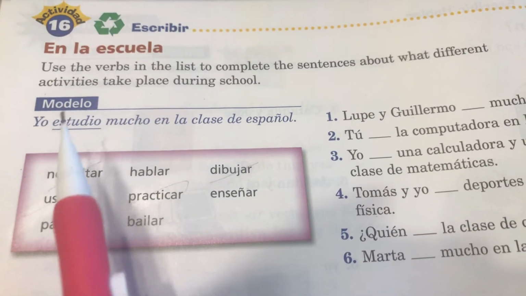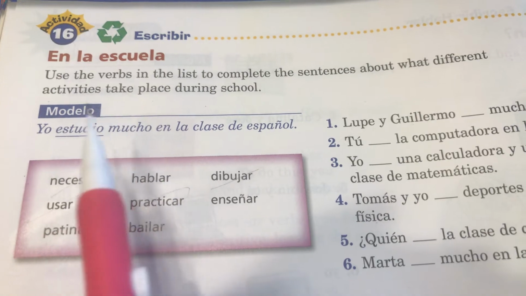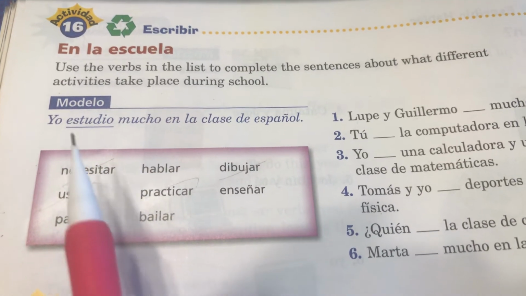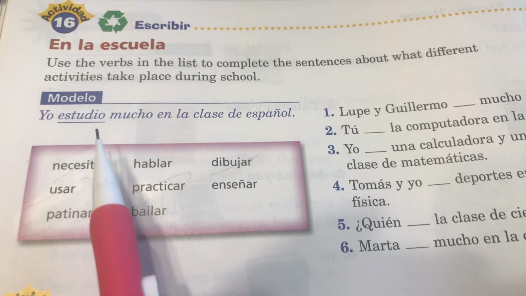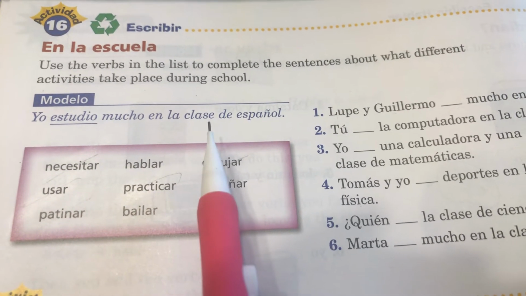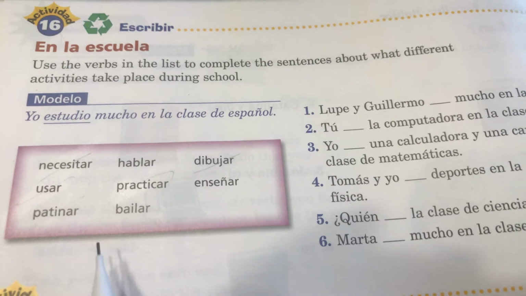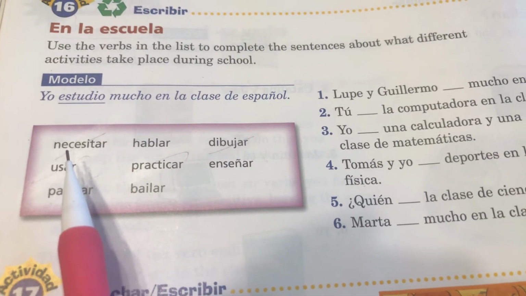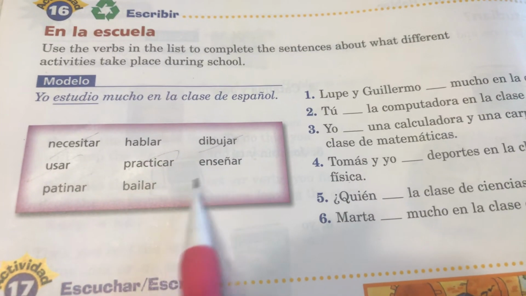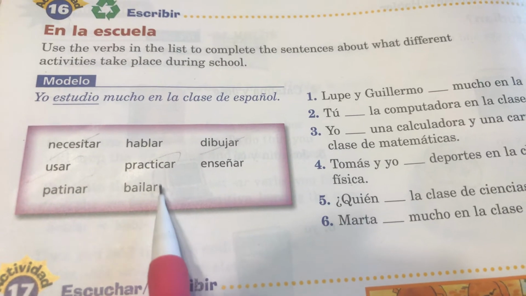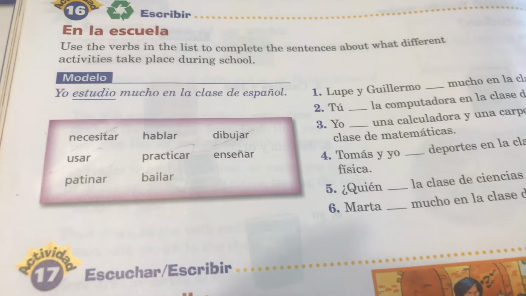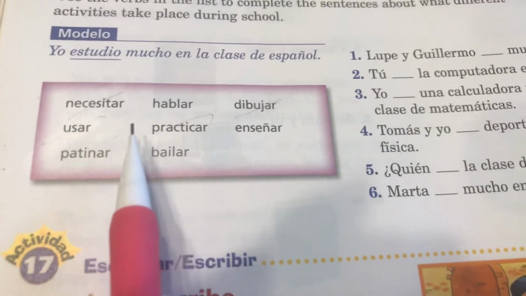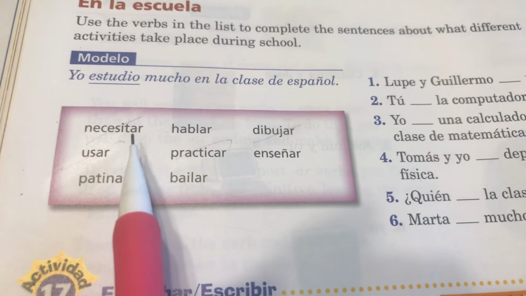Okay, so right here we look at the model and it says, I study a lot in Spanish class. So how would you fit these into the sentences and how would you conjugate them? So first let's review what they mean, and you should know what these mean already.